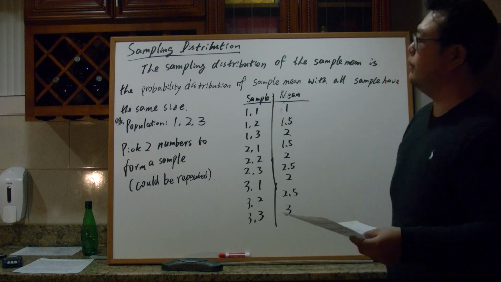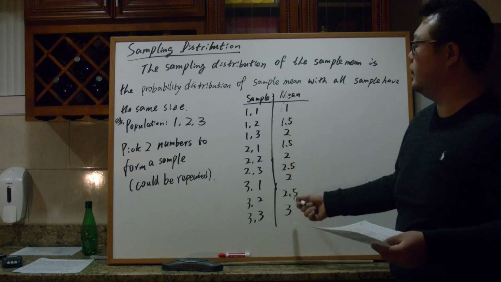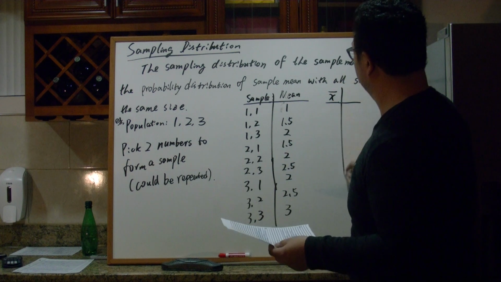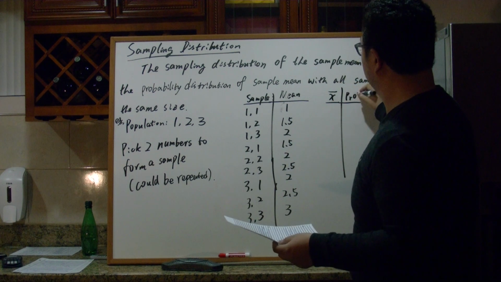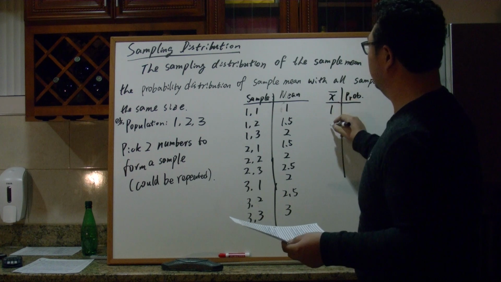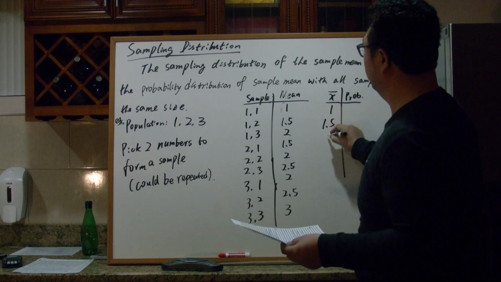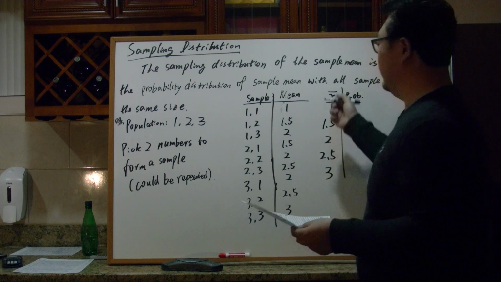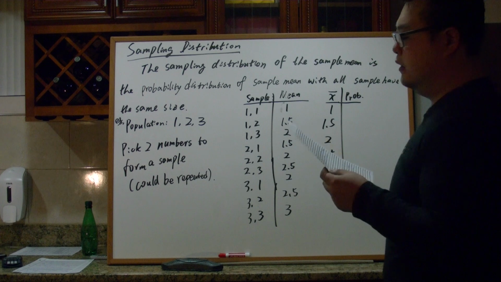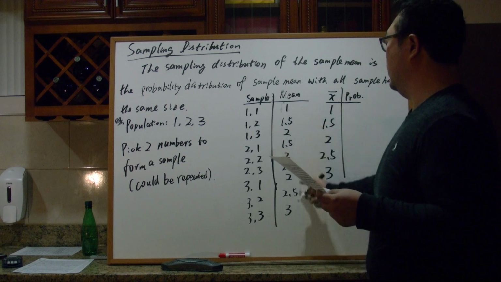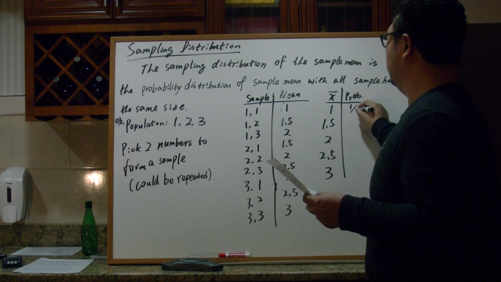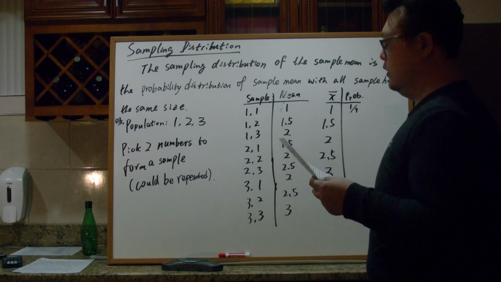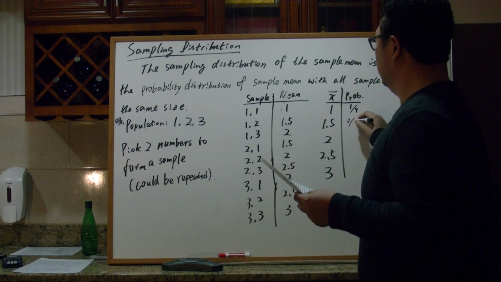Therefore, we can build a probability distribution of the sample mean. We have sample mean of 1, 1.5, 2, 2.5, and 3. Those are all the cases of the sample mean. The probability of 1 is only one case out of 9 possible cases. For 1.5, we have 2 cases out of 9.